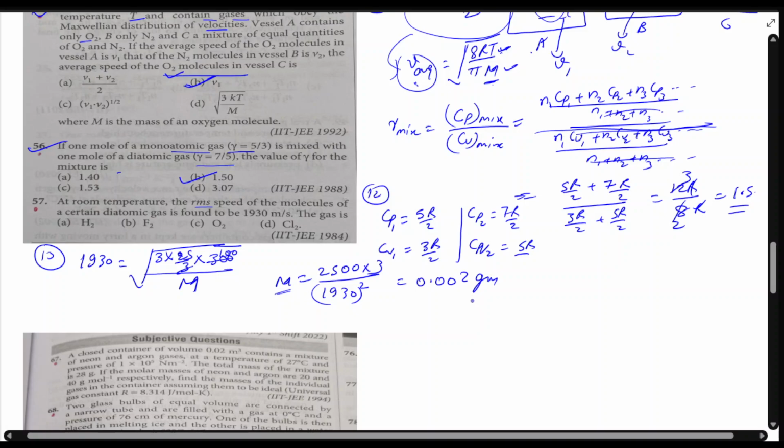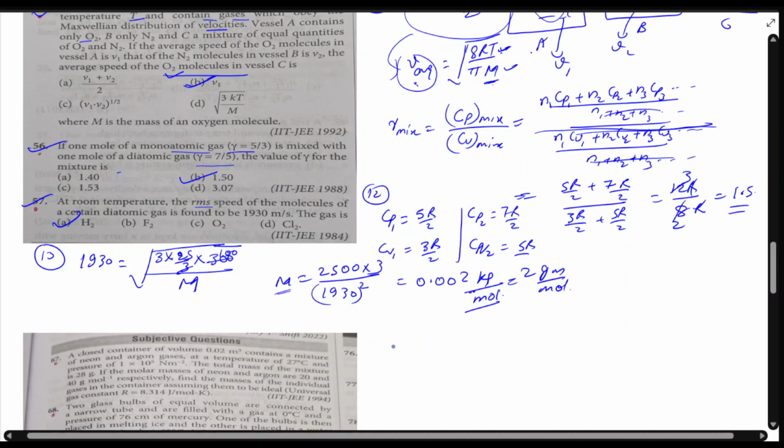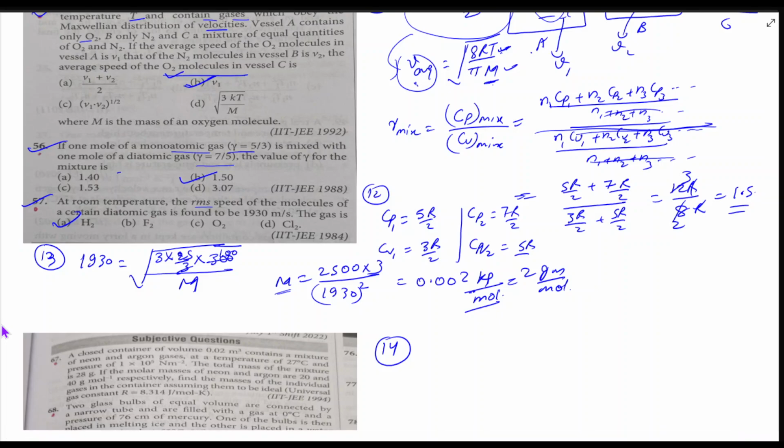Molar mass is in gram per mole, and it was in kg because all were in SI units. So we will have 2 gram per mole, and it was hydrogen. Okay, let's move on to the 14th question. So these are quite easy, right? They are like work, power, energy. Okay, perfect.